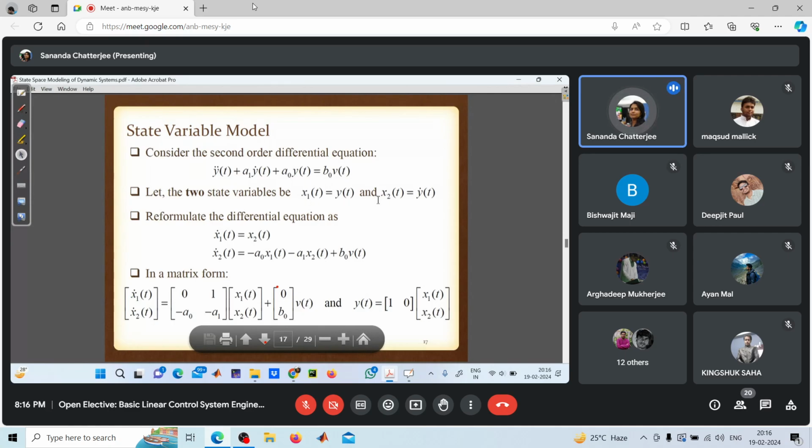In the first step we have chosen the states, and then we have rewritten the differential equation as a set of two simultaneous first order differential equations. You see, only first order differential equations are involved here, although it will take care of that nth order differential equation, because you have already taken n such states, and the derivative of those states only will give you the whole dynamics of the system.